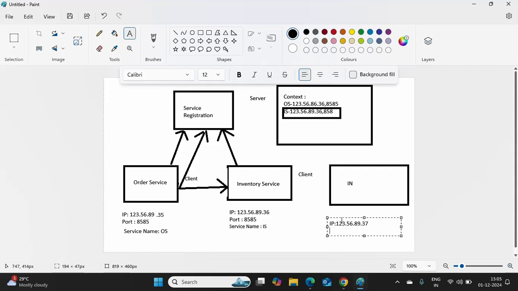Now we are deploying some other instance, with port 8586. Okay, and we are going to give the same name.